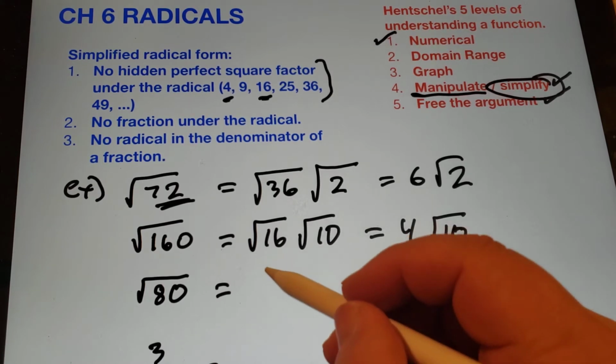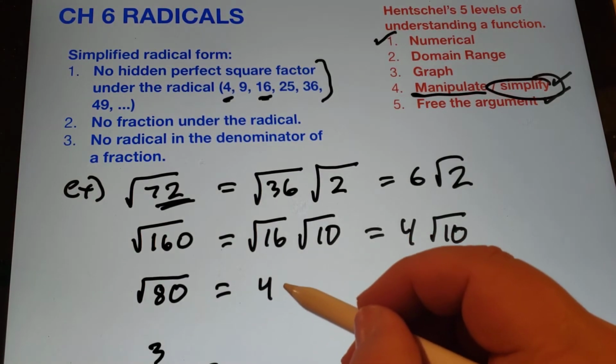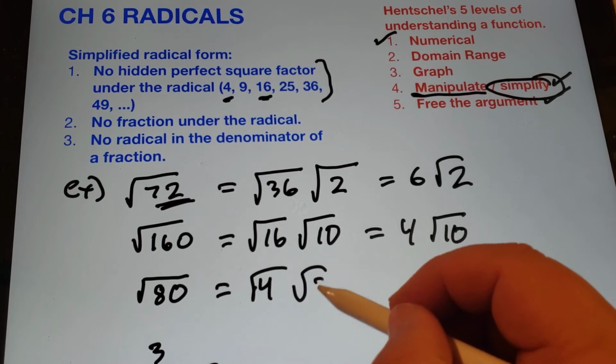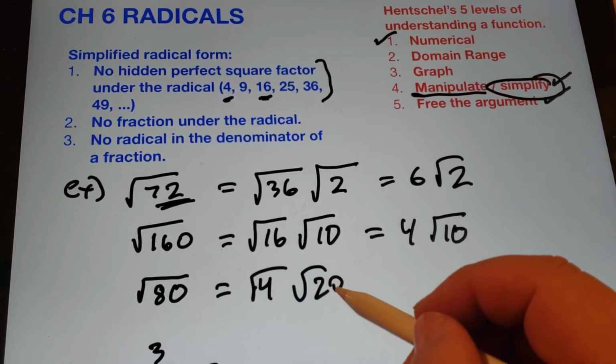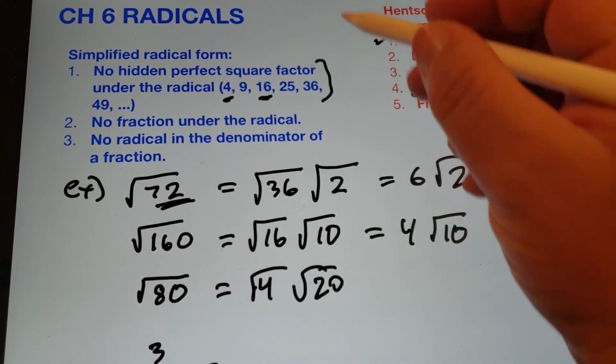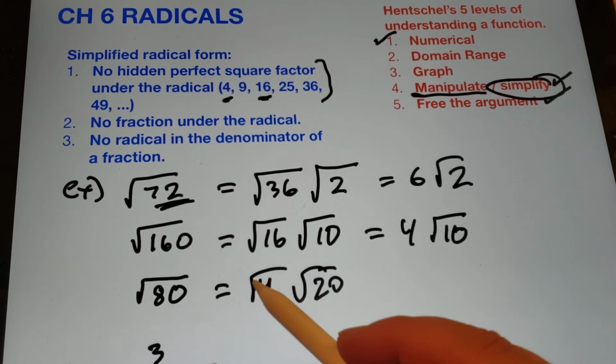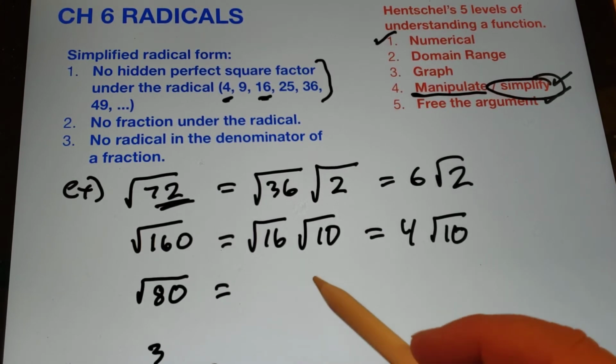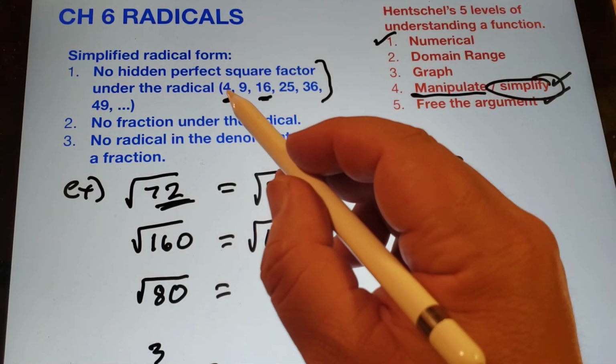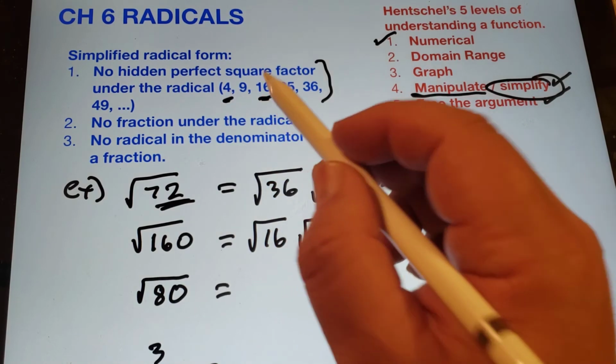Let me write that down so you can see. If I wrote 4 times 20, I hope right away you would feel uncomfortable with that 20 being there, because 20 has a 4 in it. So I could also write it as 16.